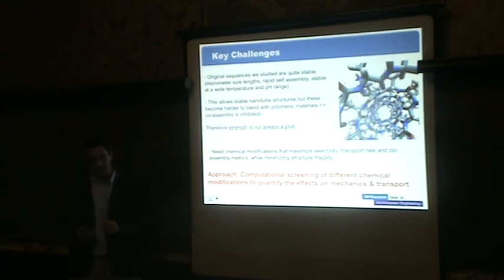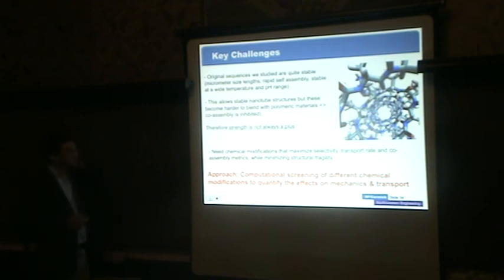Okay, so the key challenge here is actually quite counterintuitive to me as a mechanician. Initially I thought it was good to study sequences that are structurally stable and assemble rapidly, but in terms of polymer processing, if you have very stable nanotubes, this is a bit of a problem.